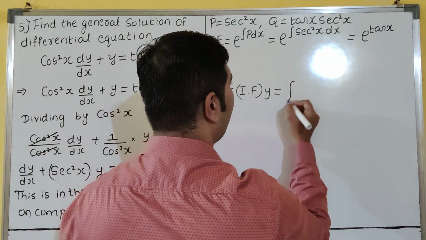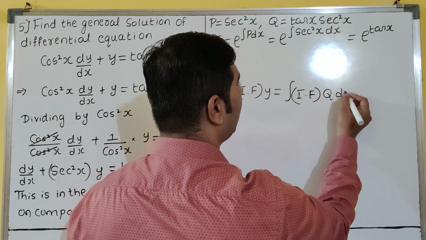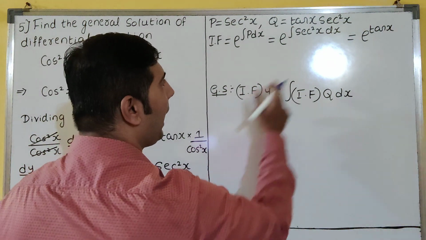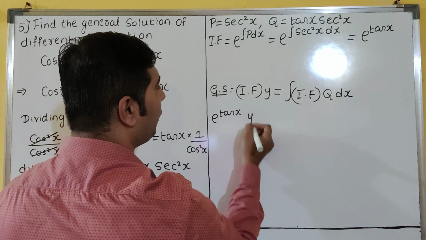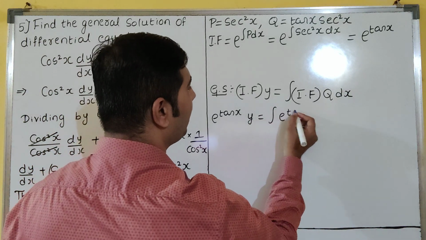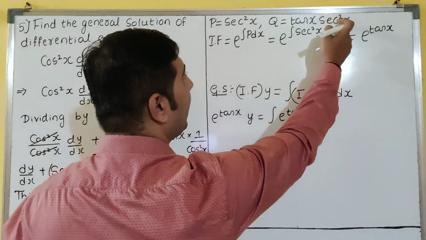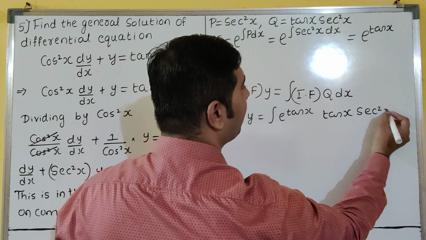So integration of IF into q dx. Got it? Very easy. IF is what? Substitute e raised to tan x into y. E raised to tan x into q, what is q? Tan x into sec square x dx.